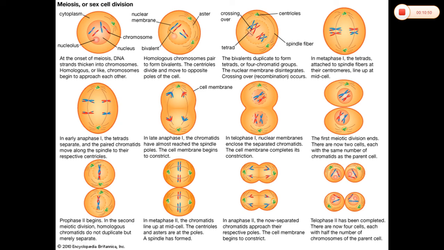Each cell has a unique combination of 23 duplicated chromosomes from both parents.